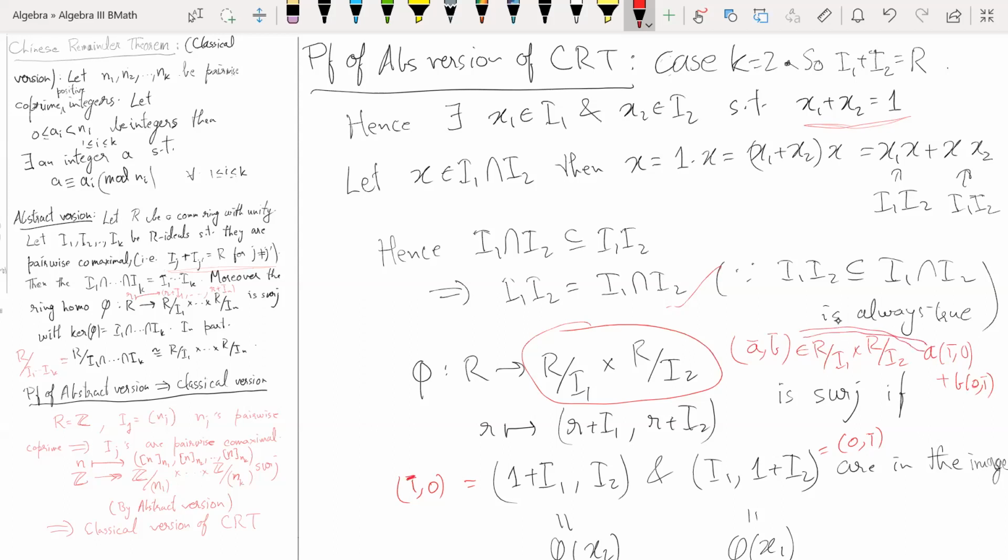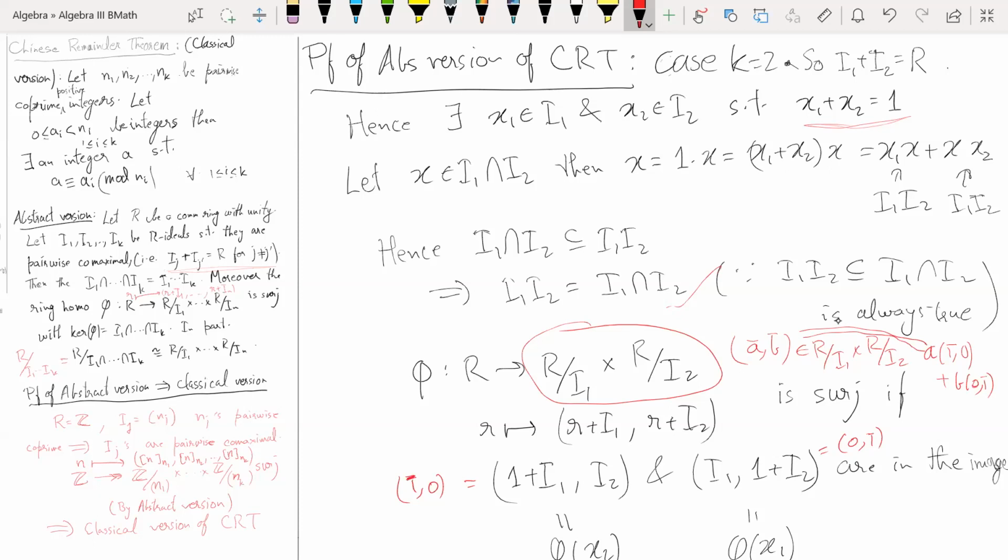Once you show that these elements are in the image, then every element is, since 1 bar comma 0 and 0 bar comma 1 generate this thing.